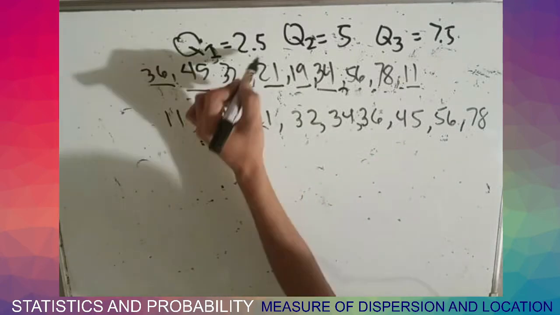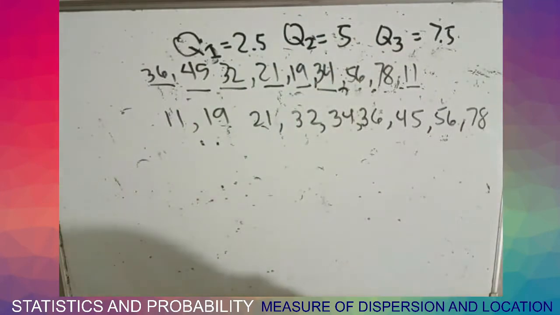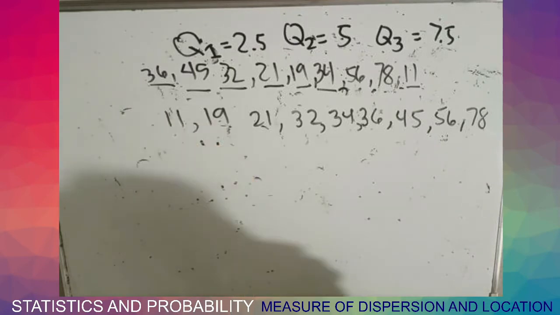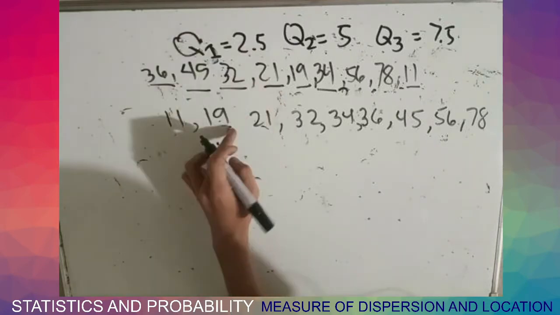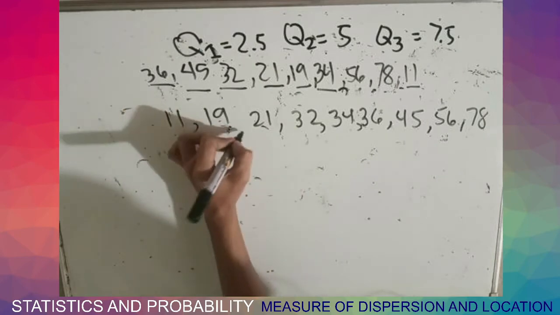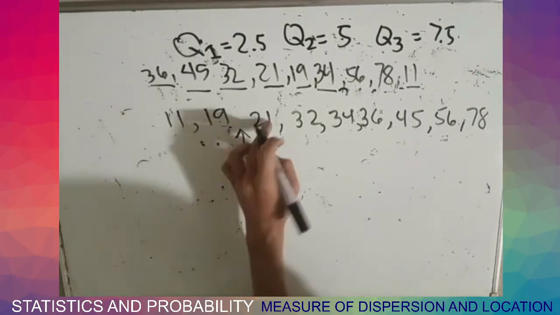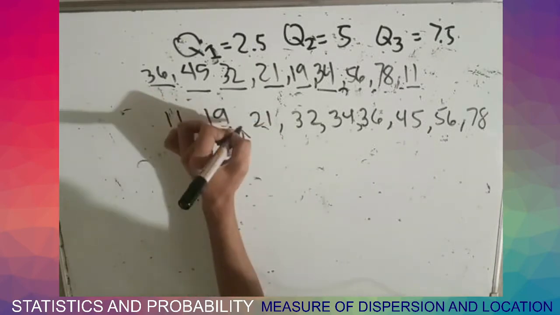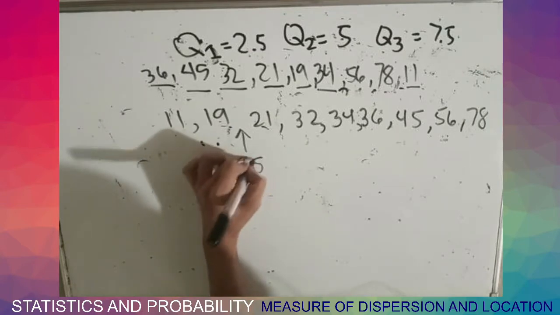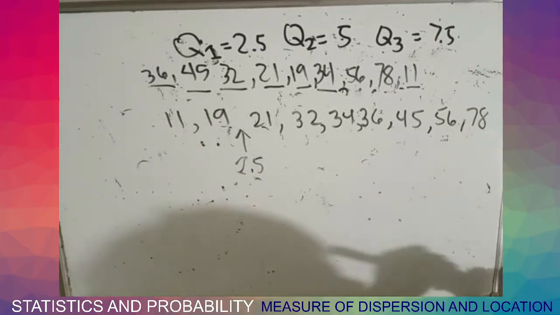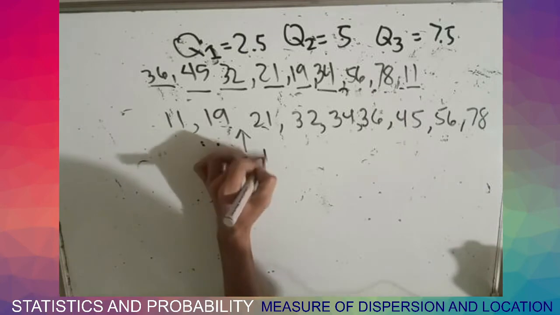So, hanapin naman natin yung tatlong quartile location niya. Ganun pa rin yung pagbibilang from the left. 1, 2. So, 2.5 yun. Ibig sabihin, yung kasunod niya, pagpaplusin natin, divide natin sa 2. Ito yung ating 2.5 rank.